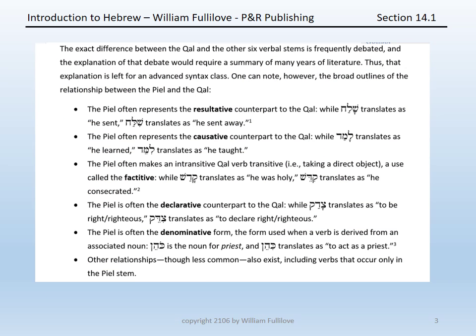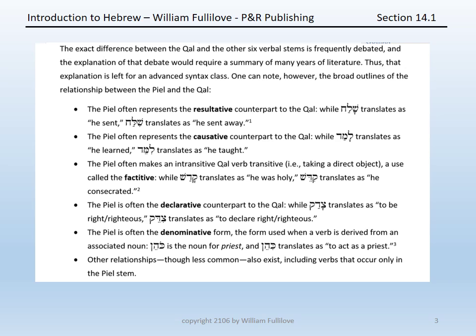The exact difference between the Qal and the other 6 verbal stems is frequently debated by grammarians, and it would be beyond what introductory grammar should do to try to summarize all that debate here. You can, however, note the broad outlines of the correspondence and relationship between the Piel and the Qal.